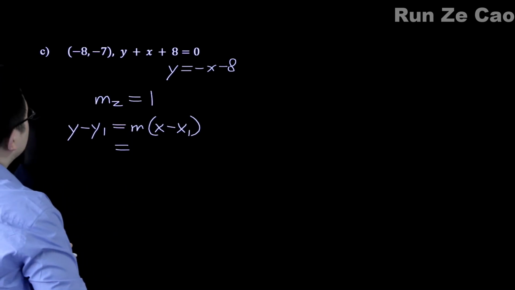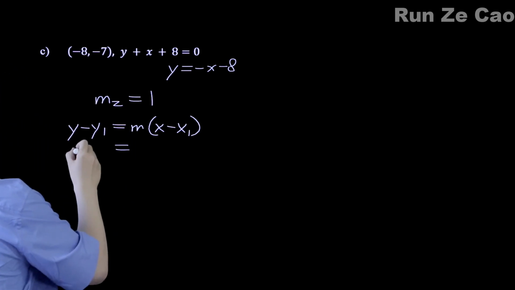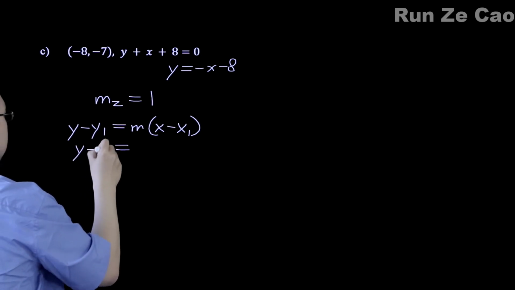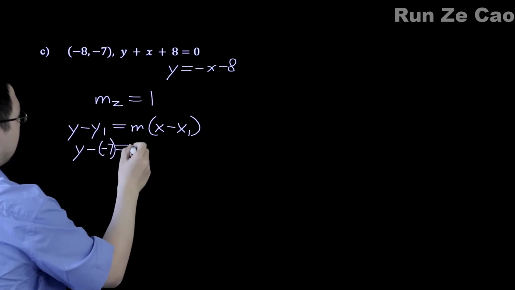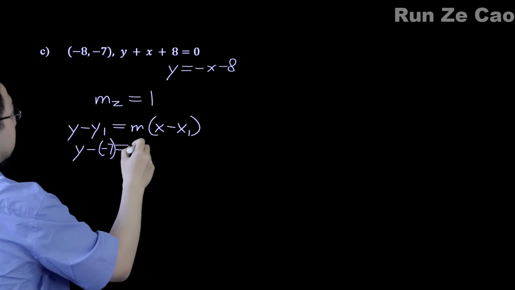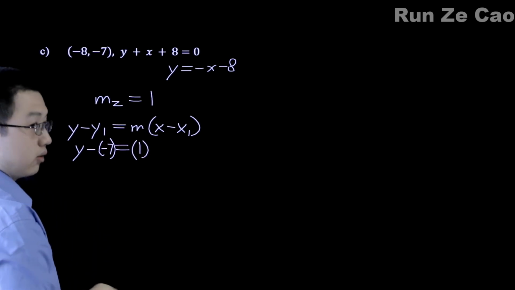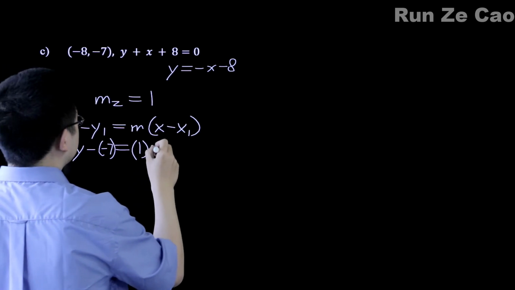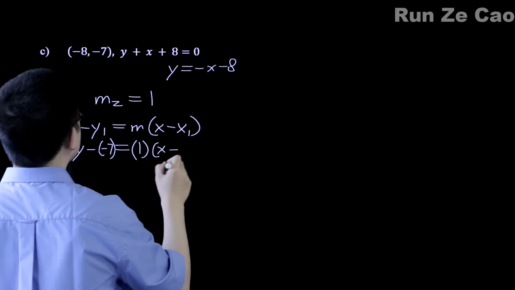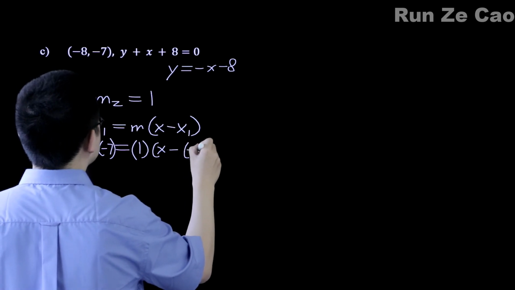Now, y1 here is negative 7, and this is equal to m, which is 1. If we want, we can still write it in, times x minus x1, which is negative 8.